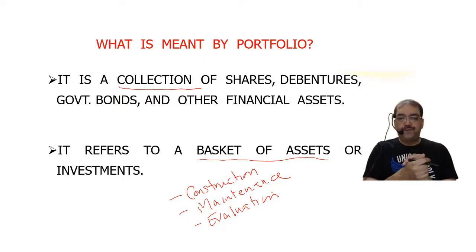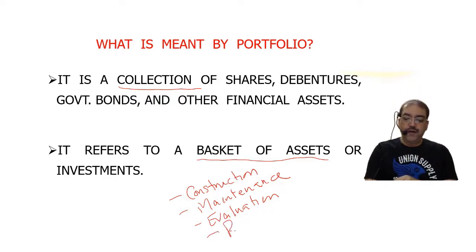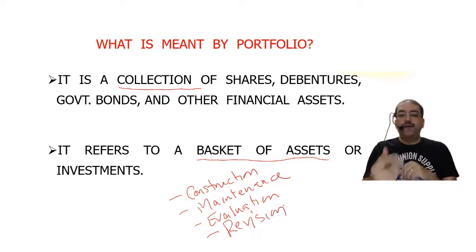Fourth step is what? Fourth step is that if I find on evaluation that my portfolio is not giving me the desired results, then in that case, I will have to revise my portfolio. So the fourth step is revision of portfolio. I have to revise my portfolio. Okay.